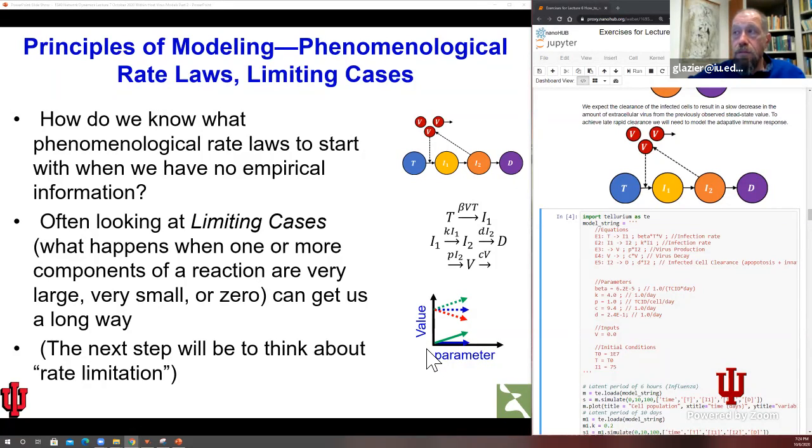If the value can't go below 0, like the population of T cells or infectable cells can't go negative, then if I start at 0, I can't go negative. If I start above 0, I could go negative, 0 slope, or positive. Those are often things you can argue by looking at experimental data or just making a logical argument, just thinking about the problem.